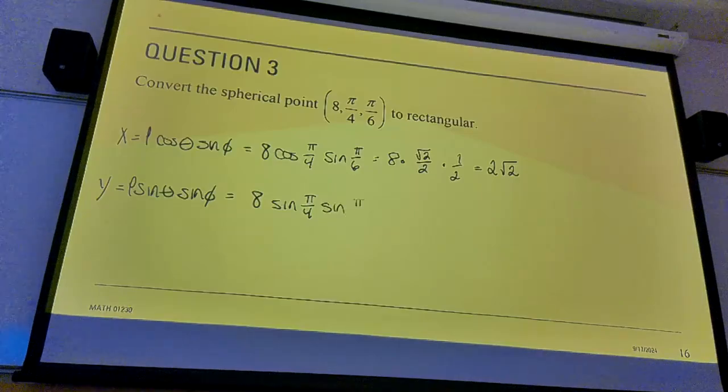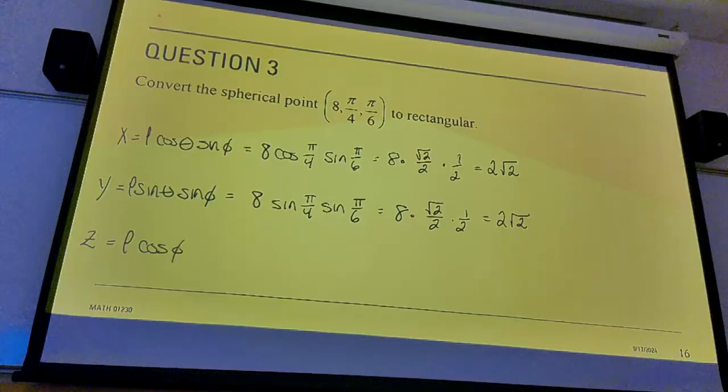Oh, well, that's nice. How do we find z? Rho cos phi. What is cosine of pi over 6?